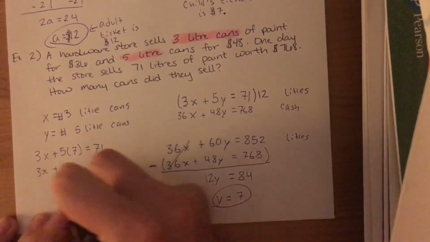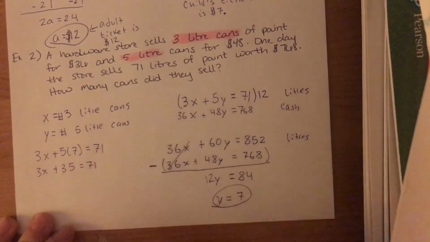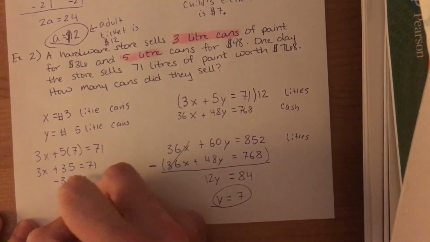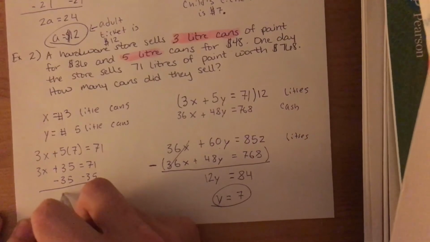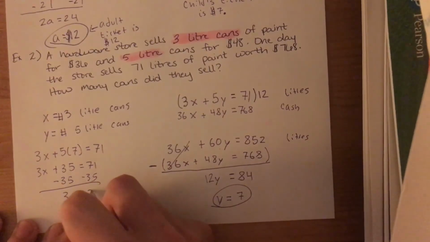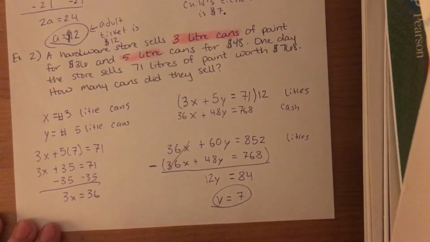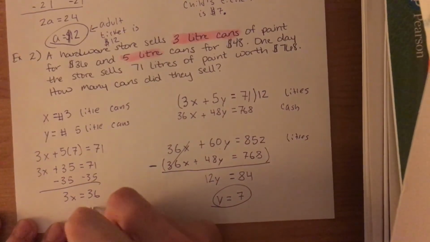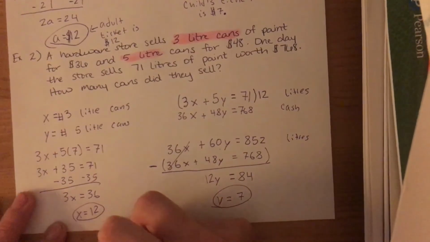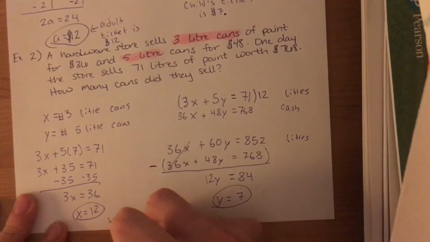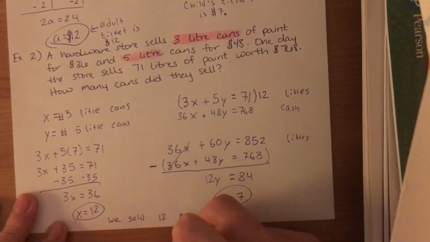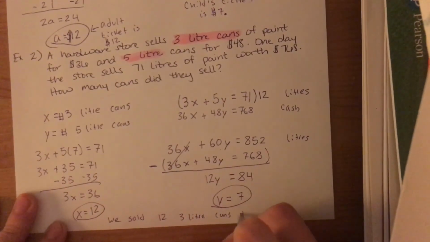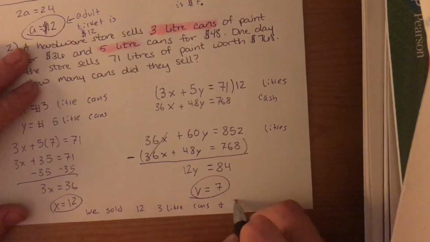So 3x plus 35 equals 71. Doing a little bit of algebra, we're going to subtract 35 from both sides to get that 3x equals 36. 3 times a number equals 36. That number has to be 12. So we sold 12 3-liter cans and 7 5-liter cans.